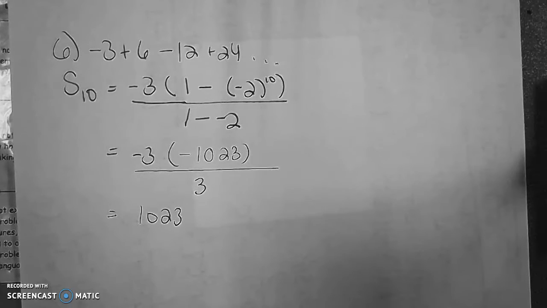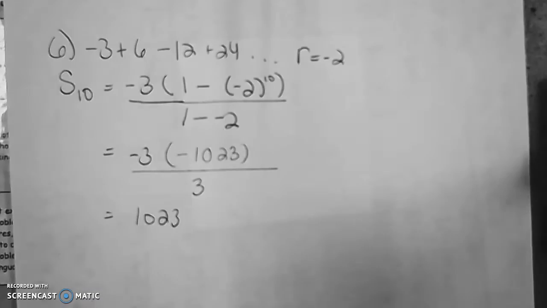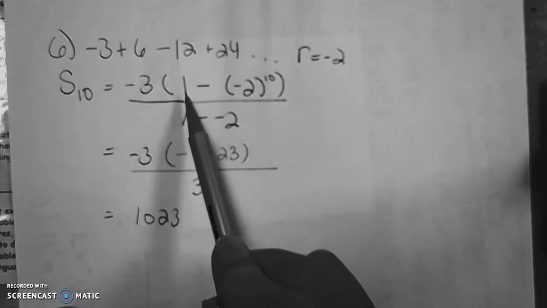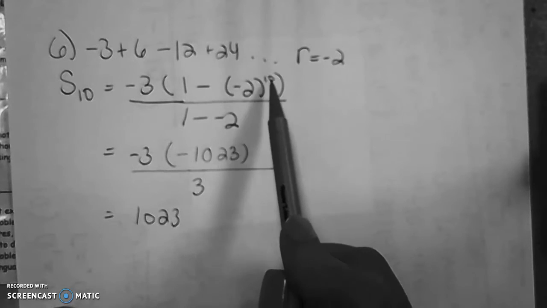I had a question about number 6 on your homework, and my guess is something happened with your negative signs here. So A1 is negative 3, R is negative 2. Be very careful when you type that into your calculator. So notice I have 1 minus R. You must put that negative 2 to the 10th.